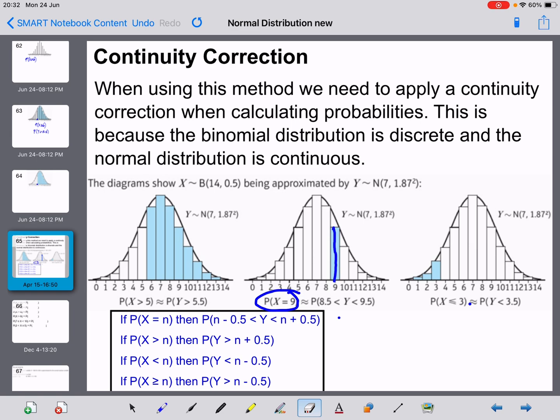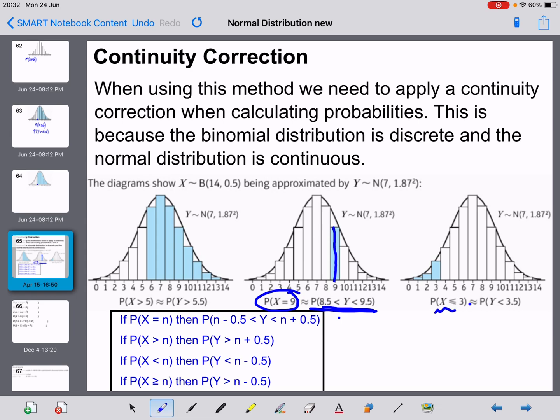But because that bar has had to plug the gaps, we've got a continuity correction: that one line at 9 has expanded and gone down to 8.5 and up to 9.5.